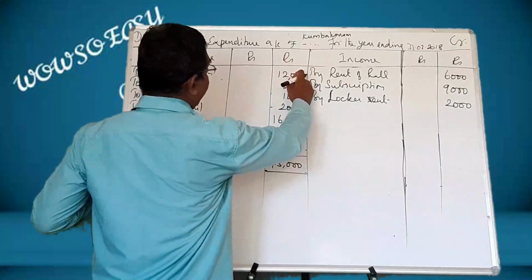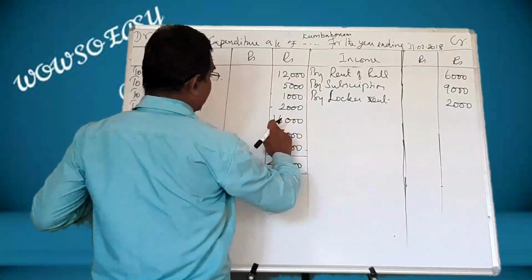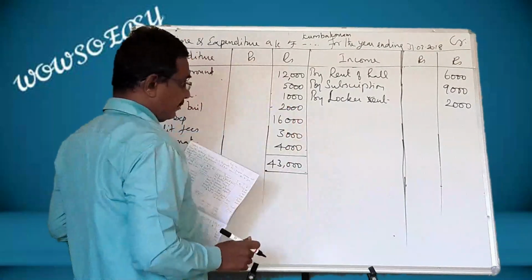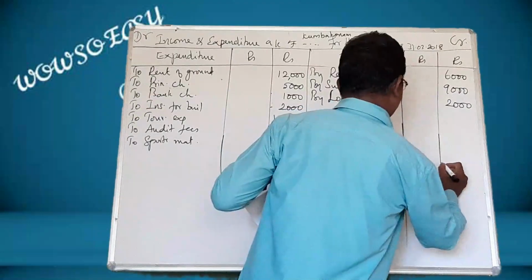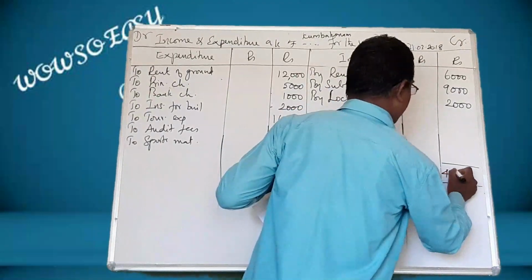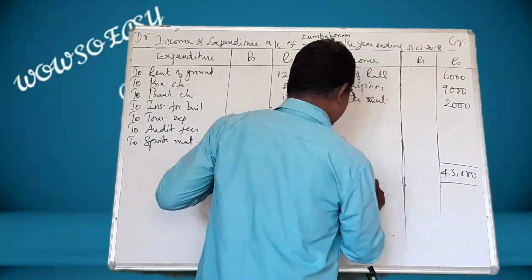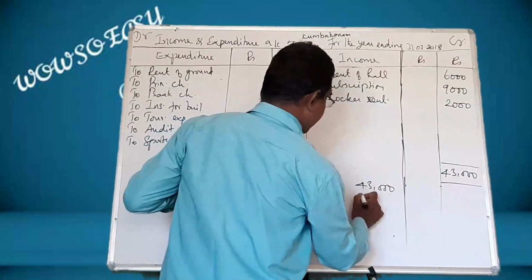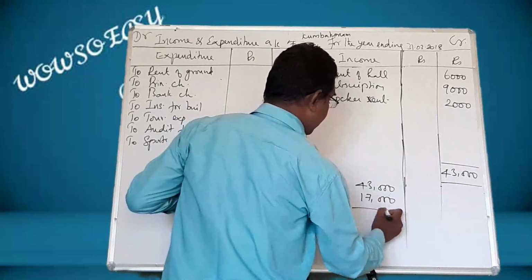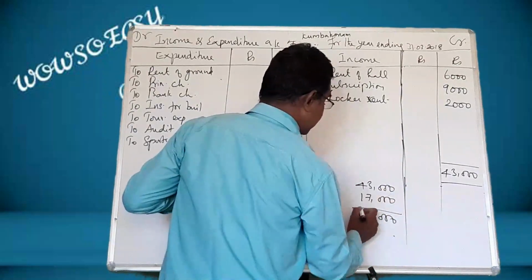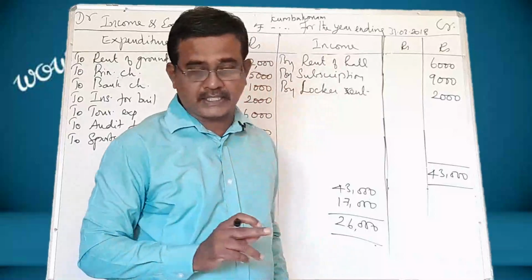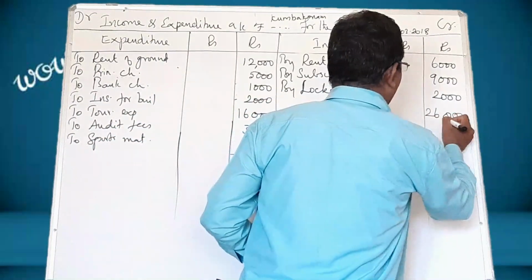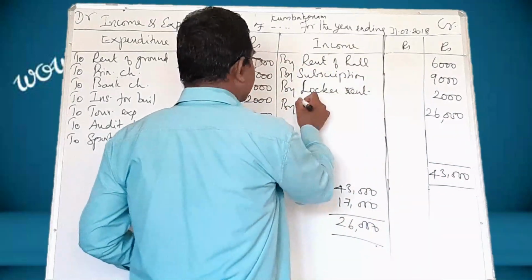And this total comes to 17,000. The difference, 26,000, is the deficit, and I write it here, 26,000, and this is the deficit.